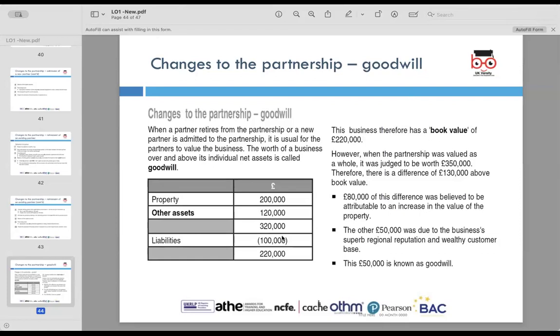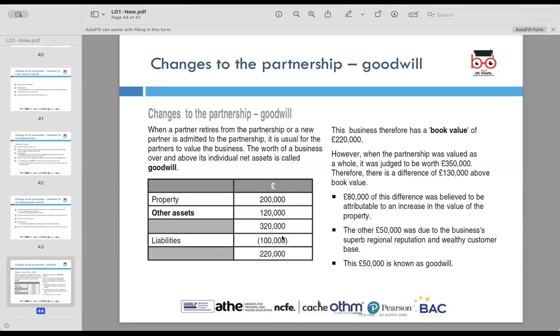Goodwill represents the intangible value of a business over and above its tangible assets and liabilities. It reflects factors like reputation, customer base, and operational synergies that contribute to the business's overall value.